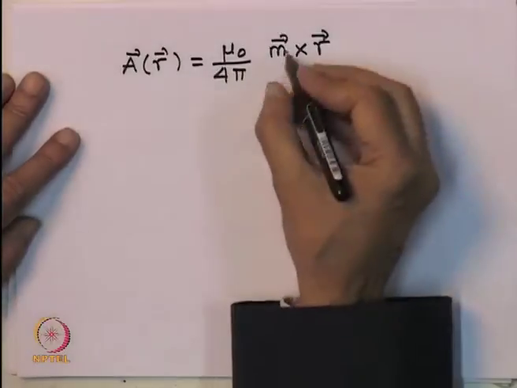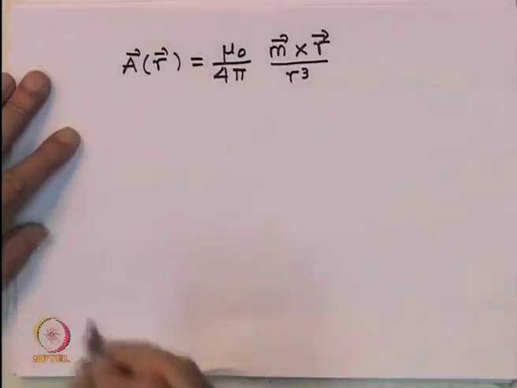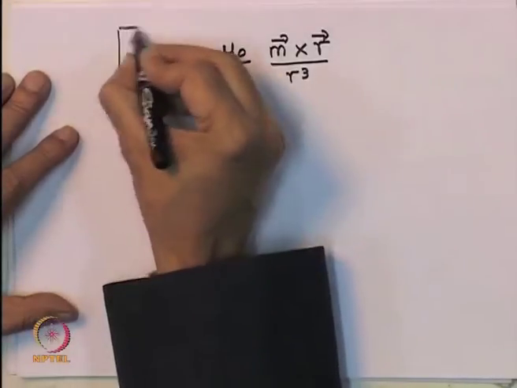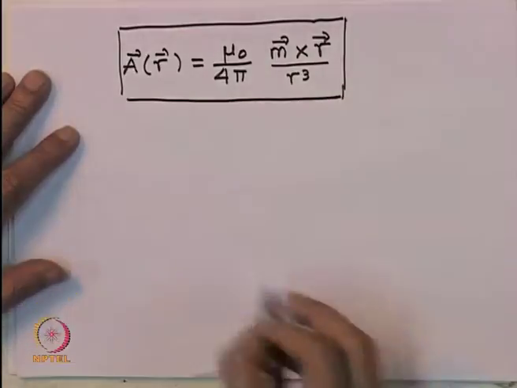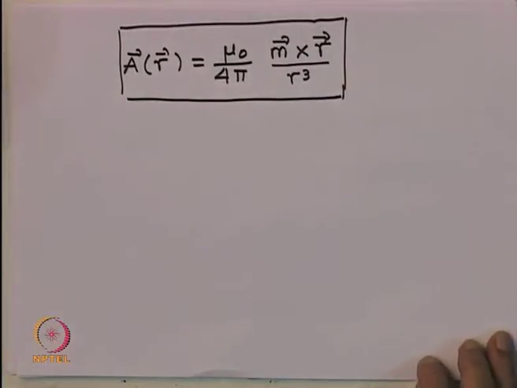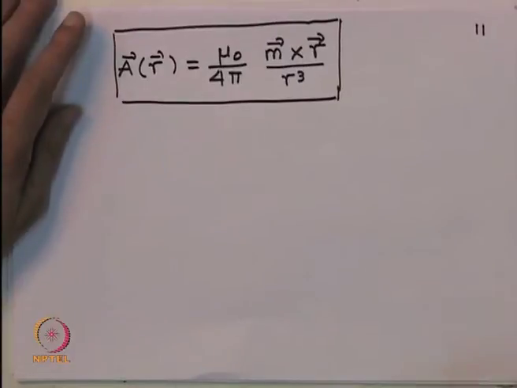I get m cross r divided by r cube. Now, this is the general expression for the vector potential for a small current loop. Small, I say, because I have done the expansion in spherical harmonics and retained the first order term only.